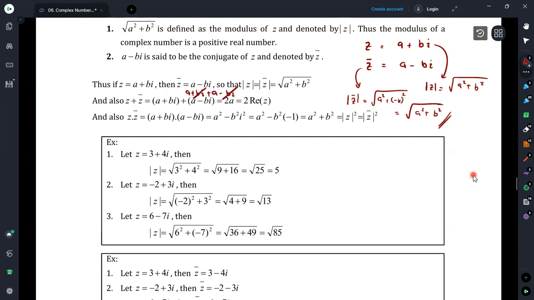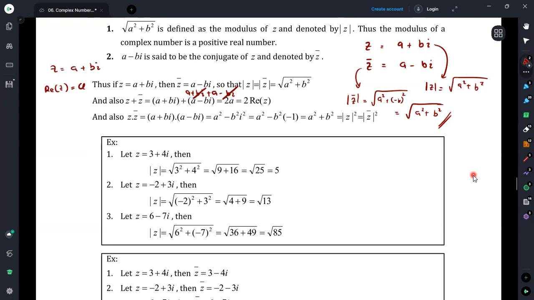Plus bi cancels out with minus bi, and the remaining term is 2 times a. Here we know that z equals a plus bi, and the real part of z is equal to a, so it is equal to 2 times the real part of the complex number.